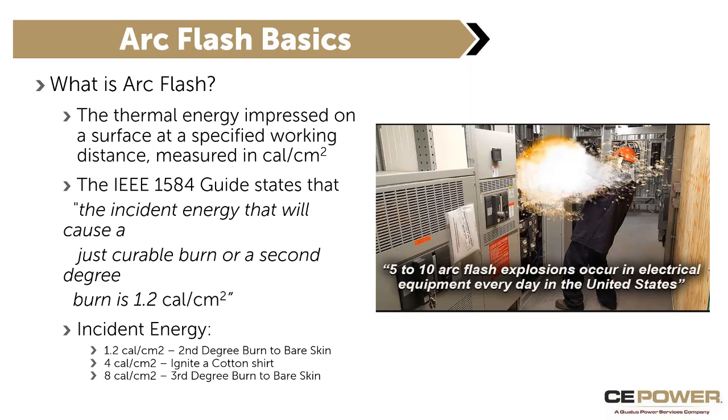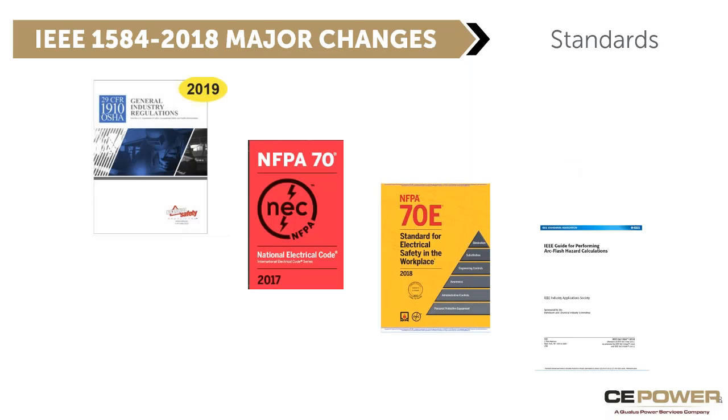These events, when they happen, can be pretty significant, and they happen 5 to 10 times a day in the U.S. It's a significant enough concern, and it happens frequently enough, that there is quite a bit of regulation on how we approach this and how we need to make sure that we're keeping our workers or employees safe should they need to be exposed to this.